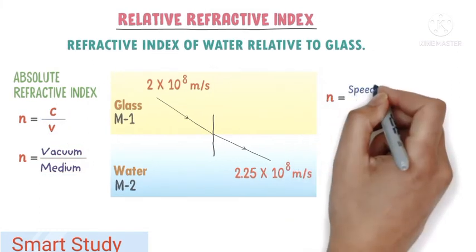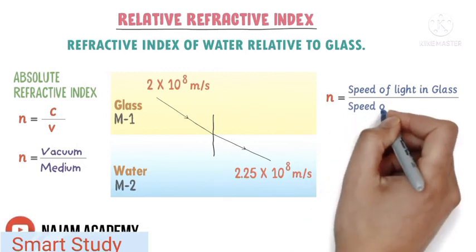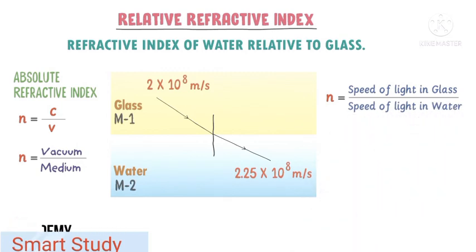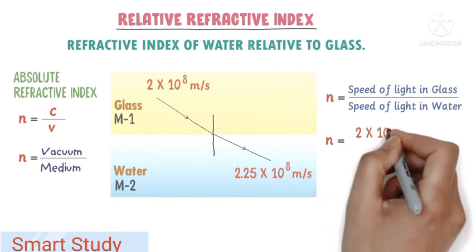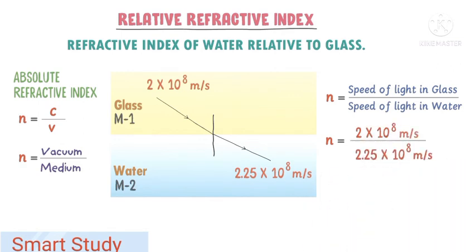So n is equal to the speed of light in the first medium, like glass, upon the speed of light in the second medium, like water. Plug in all these values in this equation. After calculation, I get n equal to 0.8. So the relative refractive index of water with respect to glass is 0.8.